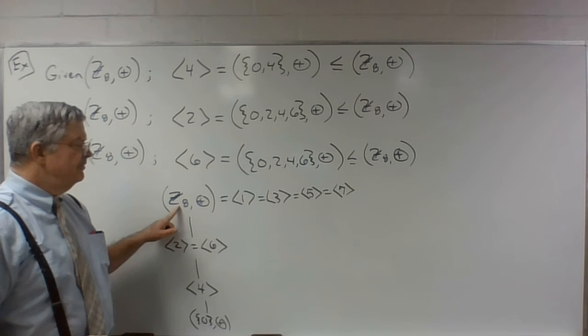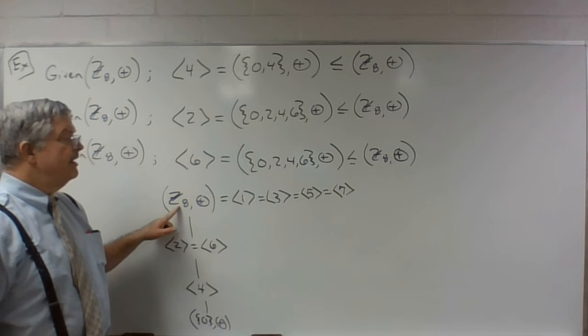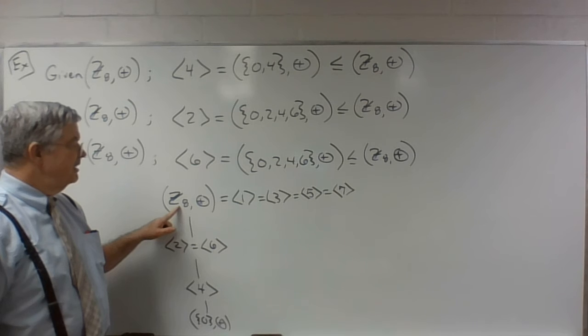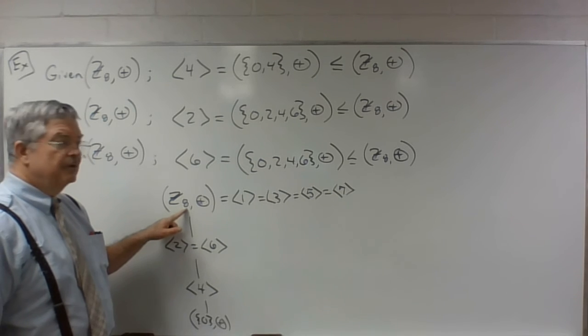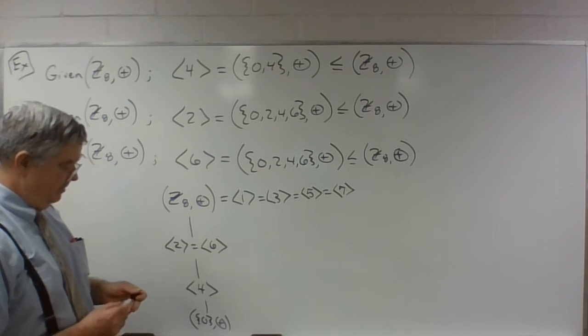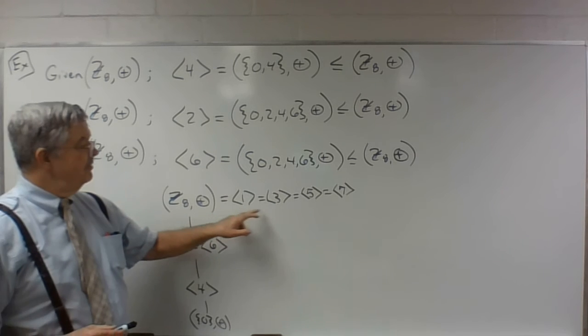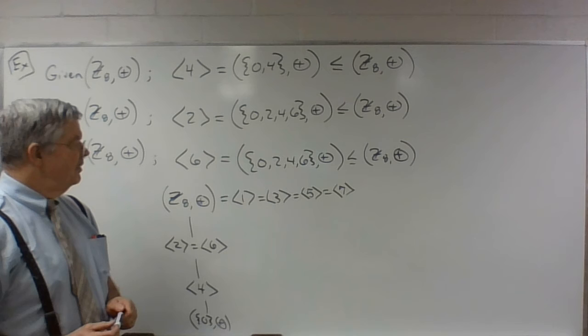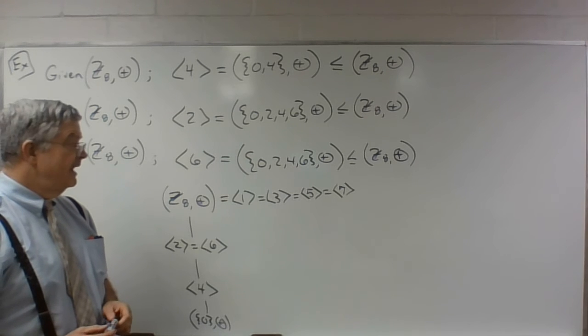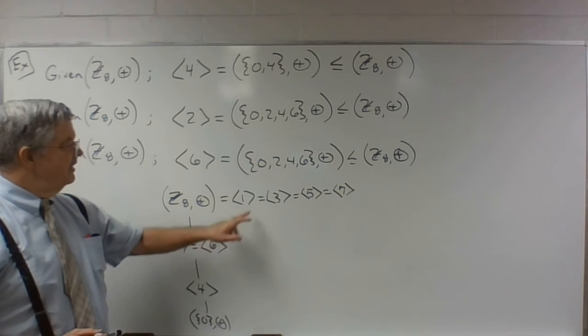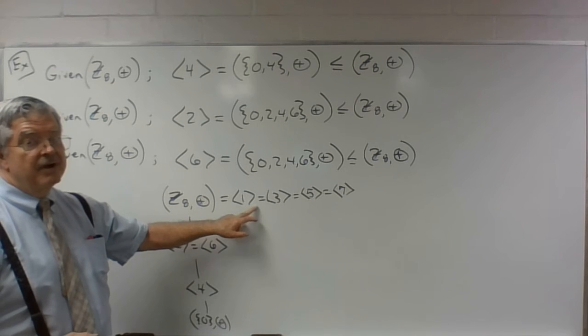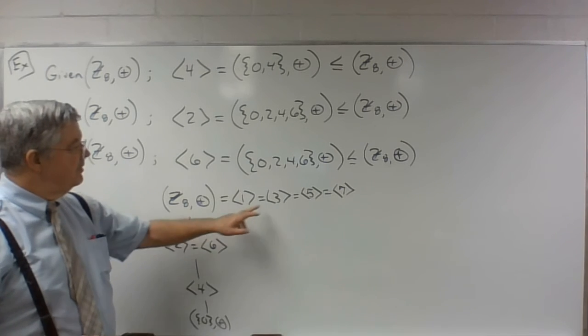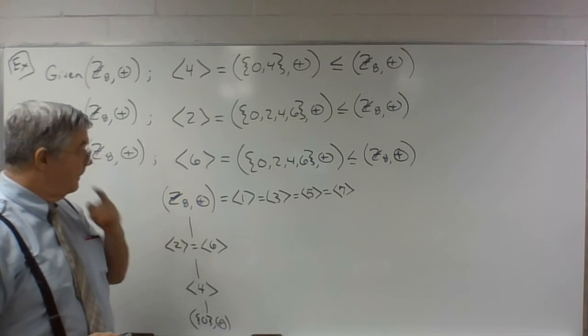All of the elements of Z8 that are relatively prime with respect to 8 will generate the entire group. So that's 1, 3, 5, and 7. They're all relatively prime with respect to 8. As a matter of fact, son of a gun, they're not just relatively prime, they are prime in this case. But they will generate the entire group.